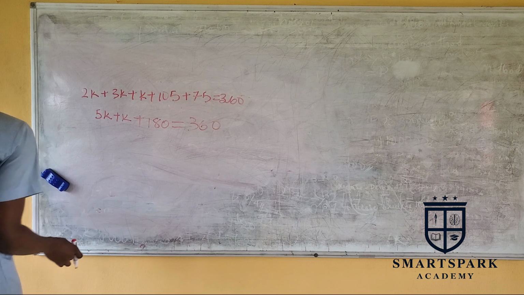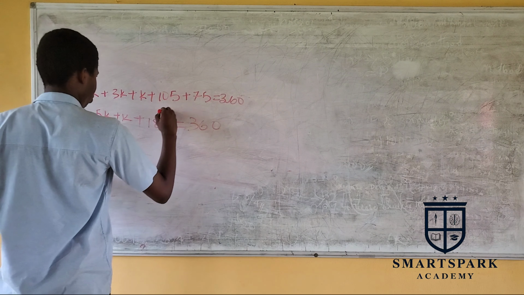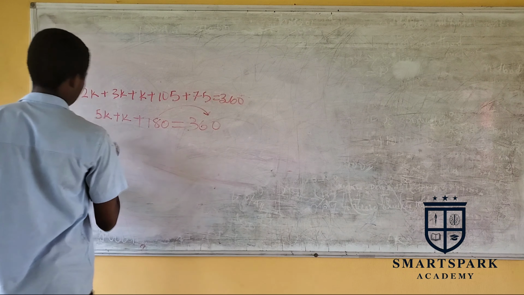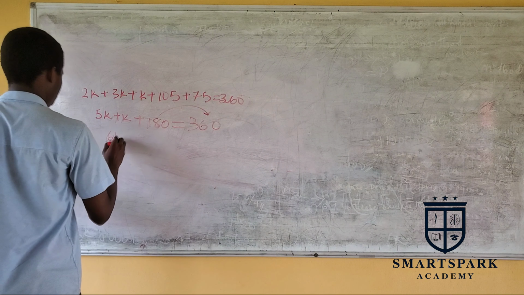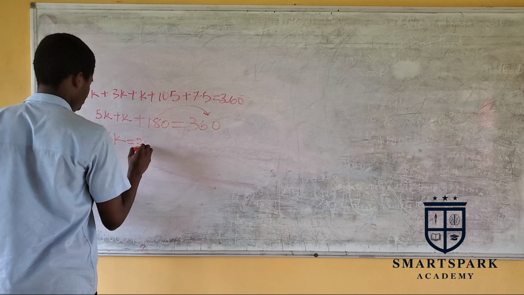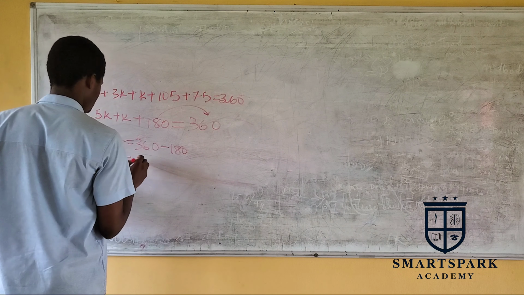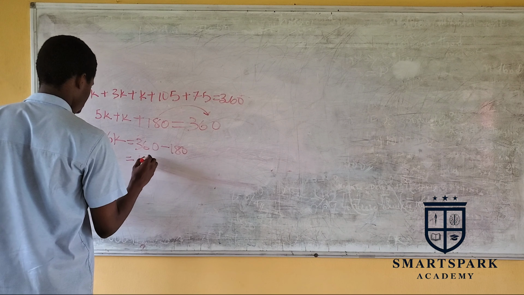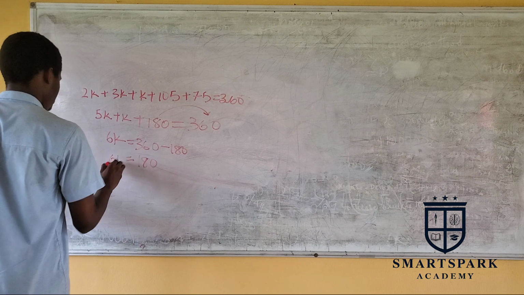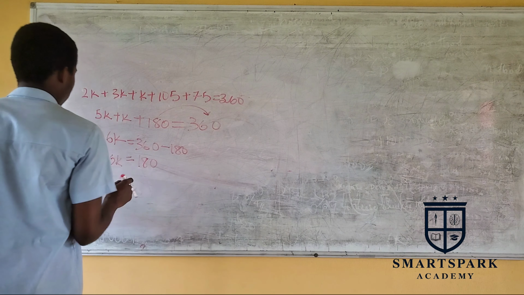So now we are going to simplify it. Moving this over to this side, it turns to a minus. So 6K equals 360 minus 180, which equals 180.